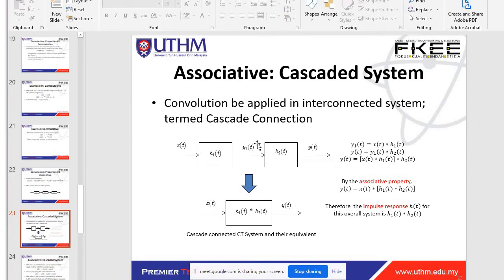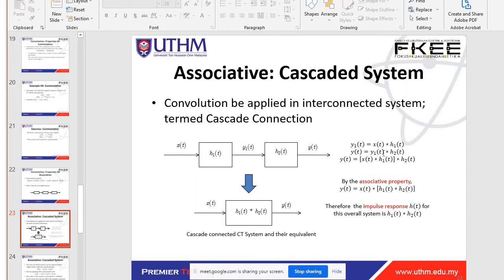So x passes through h1, you obtain y1. Then pass through h2, you obtain y. Or you can say that x(t) is inserted into a system. The system is h1 convolute with h2, then produces the output y(t). This one will be the same.